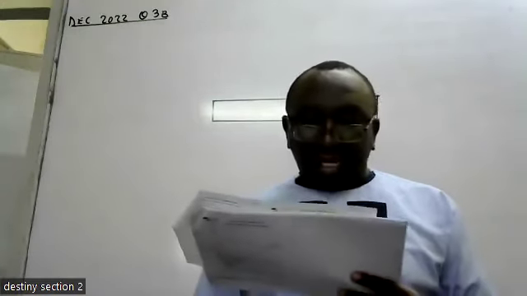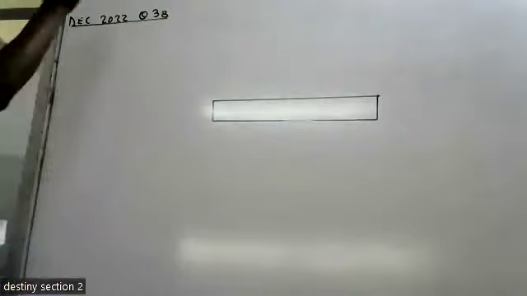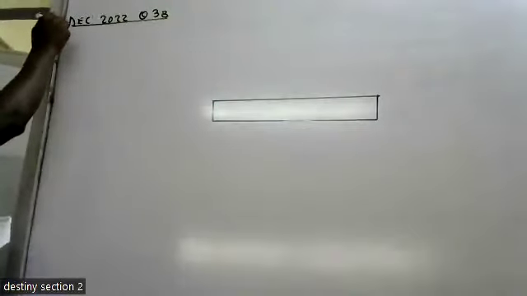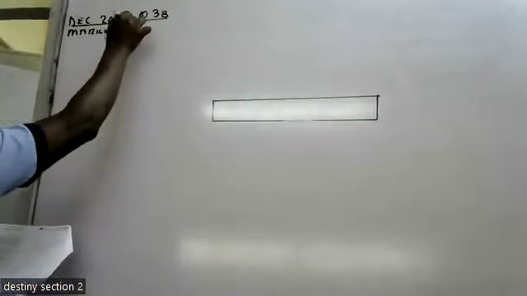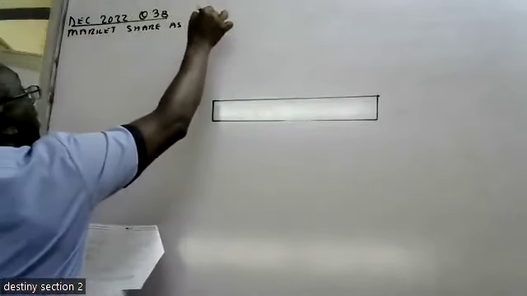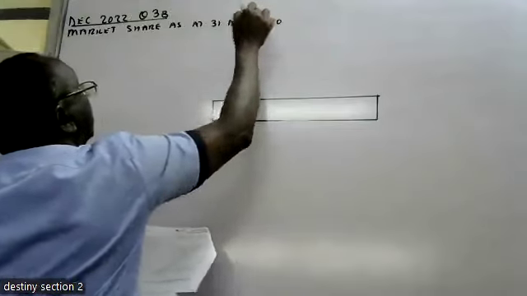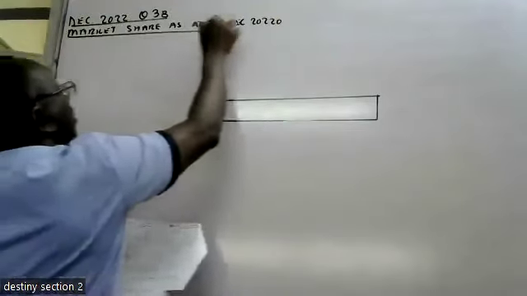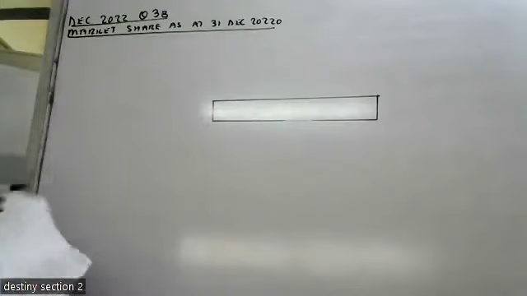So we are told to get the transition matrix. The first thing that a candidate was required to do was to get the market share as at the 1st of December 2020. We have 3 banks here.